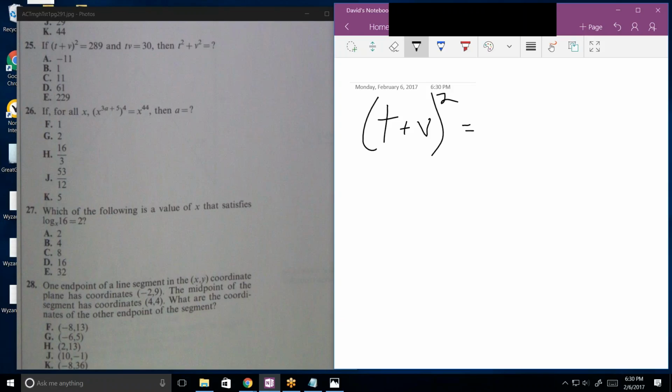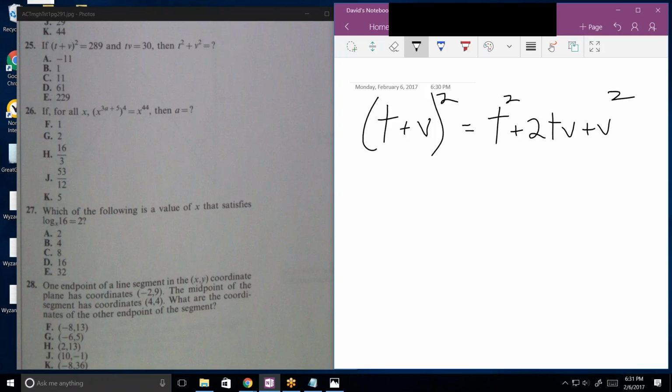Multiply t plus v times t plus v. You get t squared plus 2tv plus v squared. And we happen to know what tv is. tv is 30.